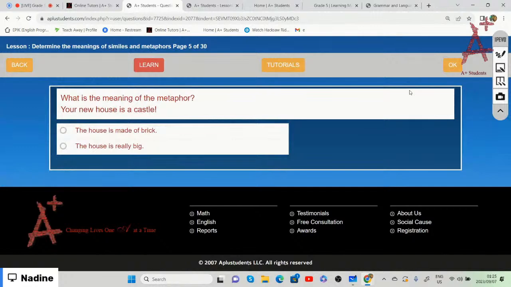Your new house is a castle. So we need to write the meaning of the metaphor. Does it mean that the house is made of brick or it is really big?